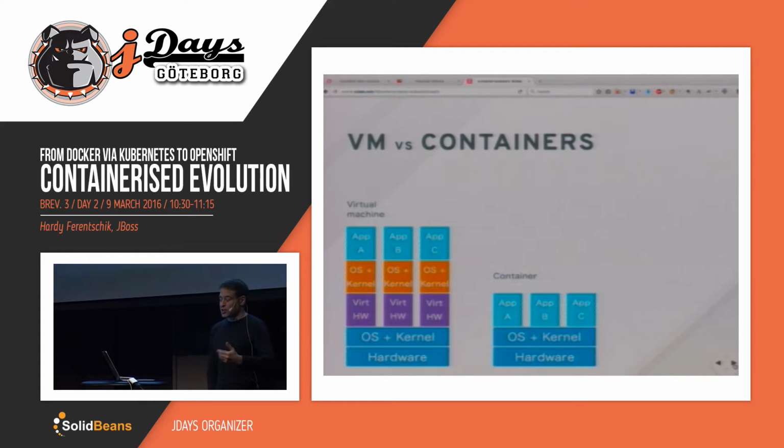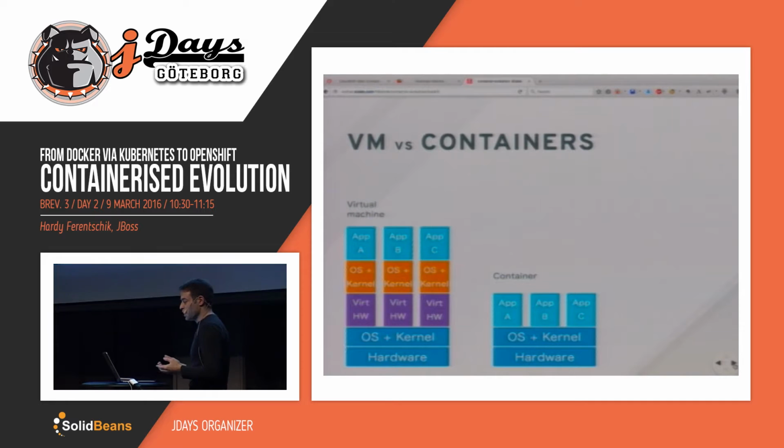But in a virtual machine, you basically have your hardware, and then on top of that your OS and kernel, on top of that you're running virtualized hardware, on which you're running again some operating system, on which you're running your application. So a lot of layers you have to go through. Whereas with containers, you have your hardware, you're running Linux on top of it, and then basically each container is its own process.